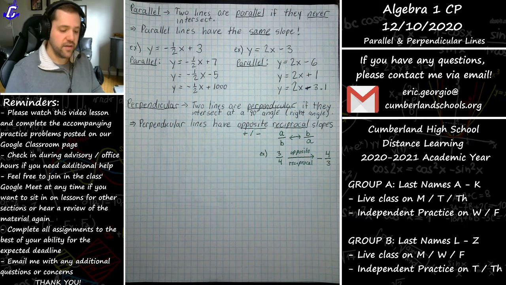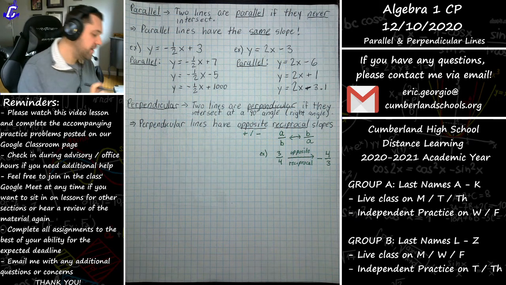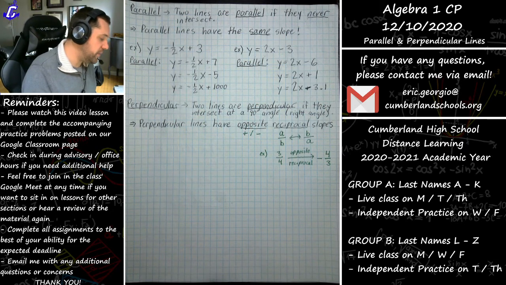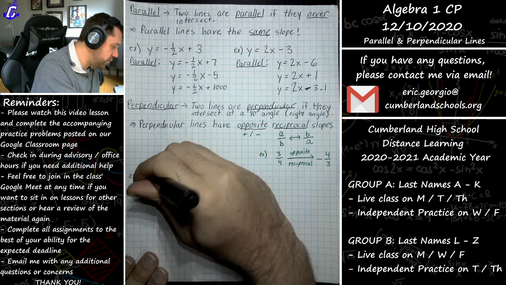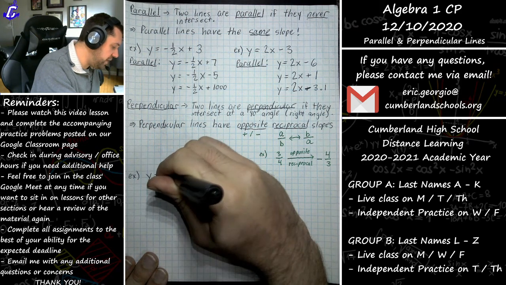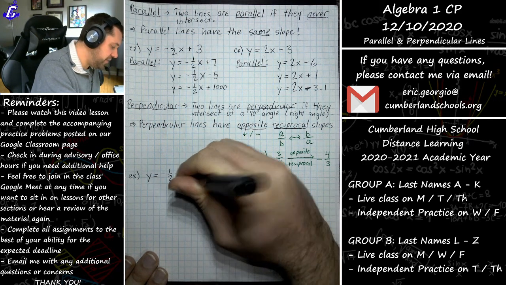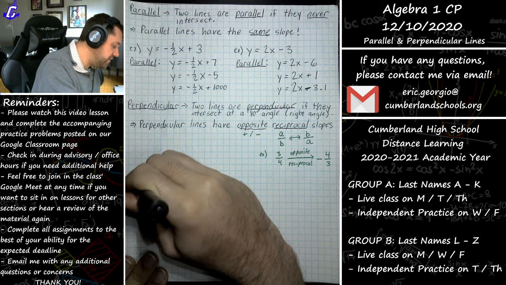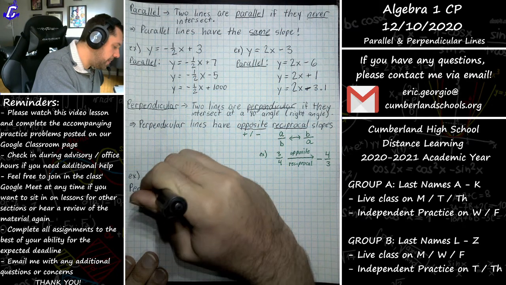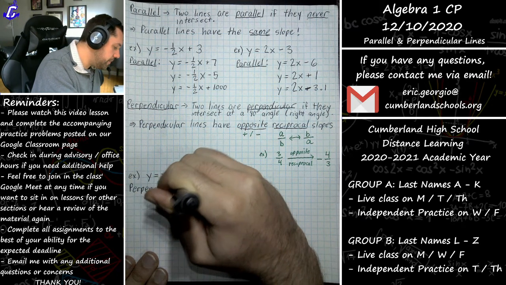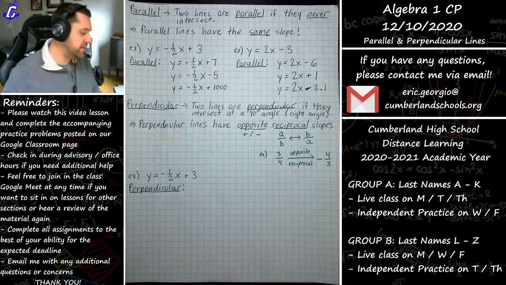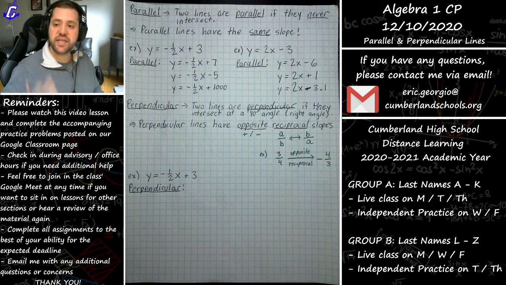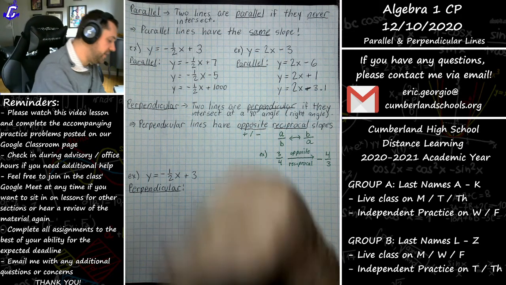Hopefully that makes sense. So let's take a look at our examples again and see if we can come up with lines that are perpendicular. My first example again was y equals -1/2 x plus 3. For a line that is perpendicular to that, again, we would need to find that opposite reciprocal slope in order to make that happen.